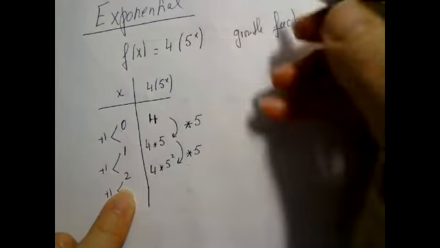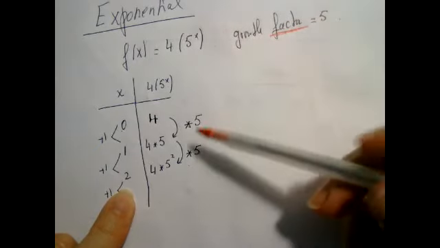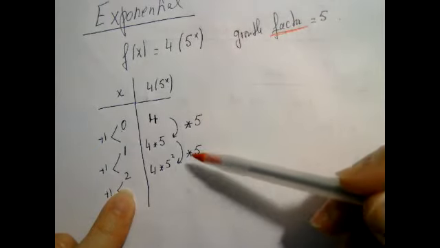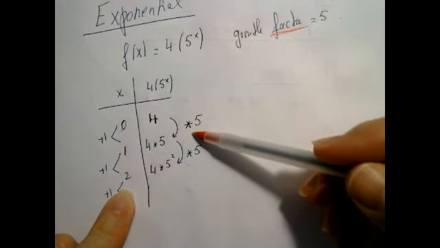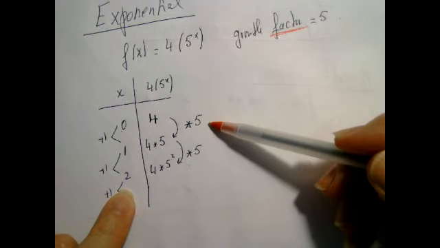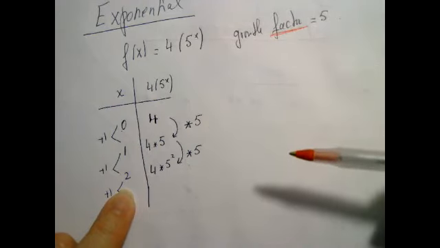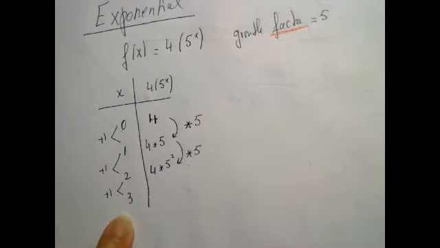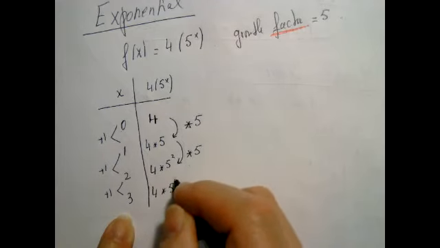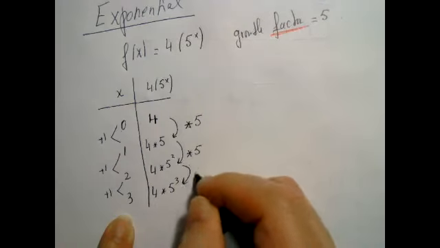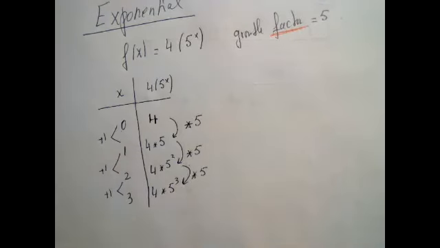The word growth factor comes from the fact that every time x increases by 1, my y value is always multiplied by the common factor 5. That's really where the word factor is coming from. Now, if x is 3, it's 4 times 5 to the power 3. Again, I multiplied by 5.